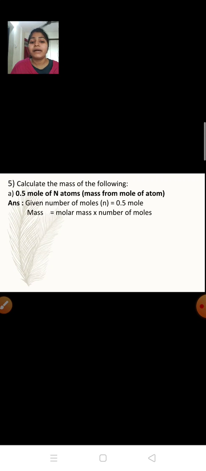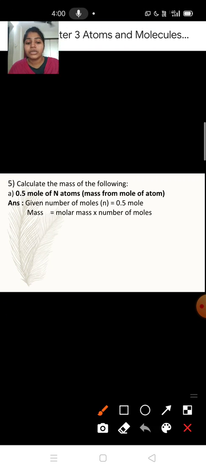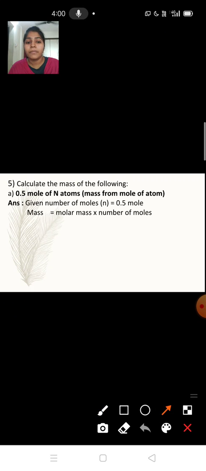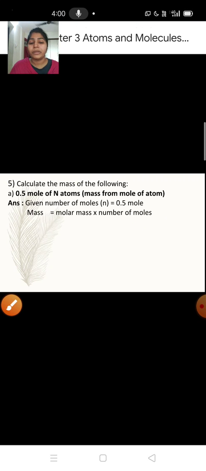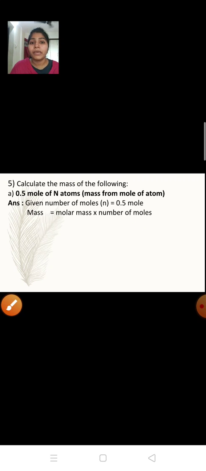Now the formula for finding mass is equal to molar mass into number of moles. Now children, we know number of moles. We have to find molar mass. Now how to find molar mass? We know the atomic mass of nitrogen is 14, right?